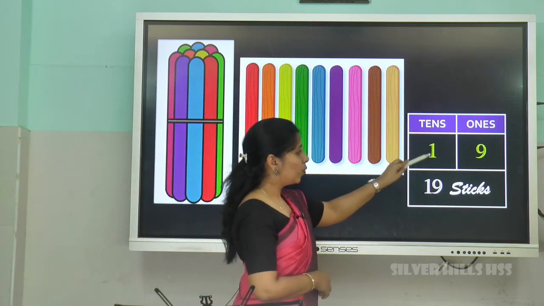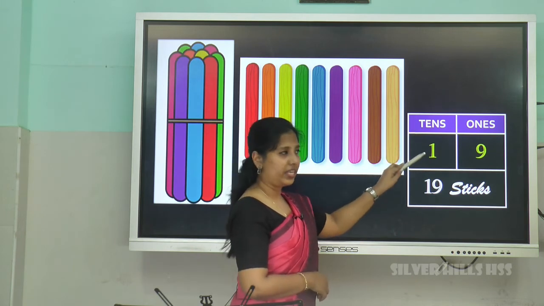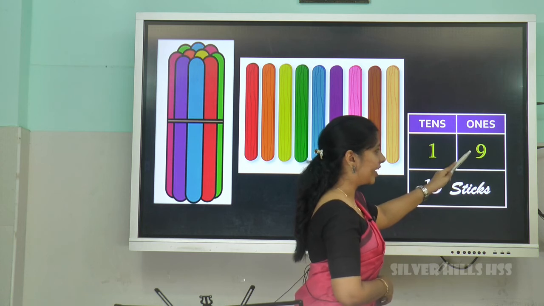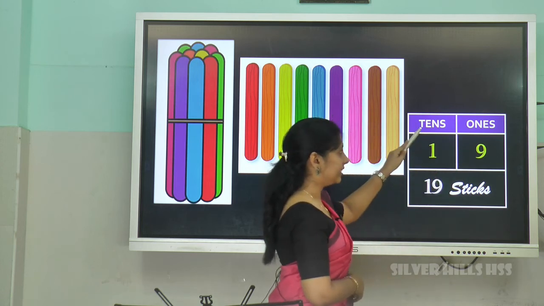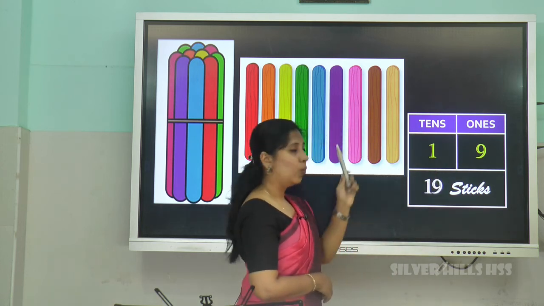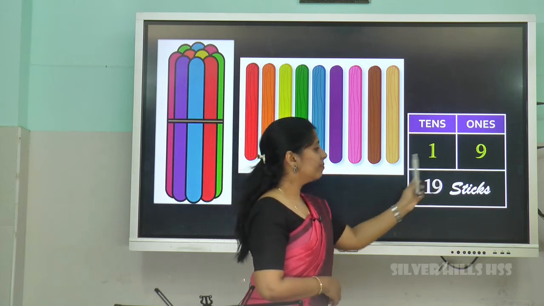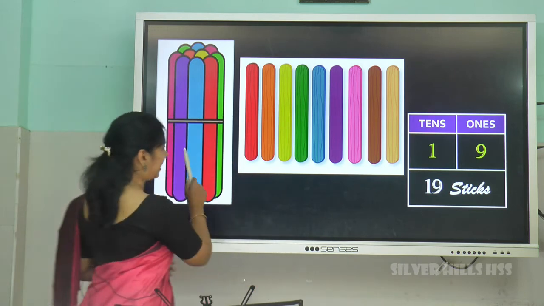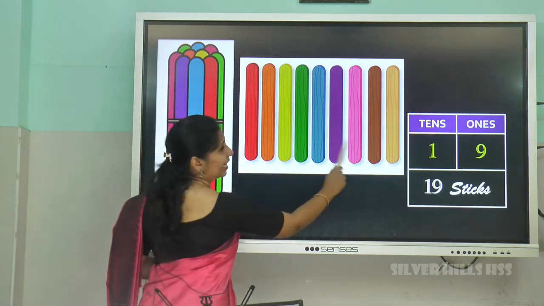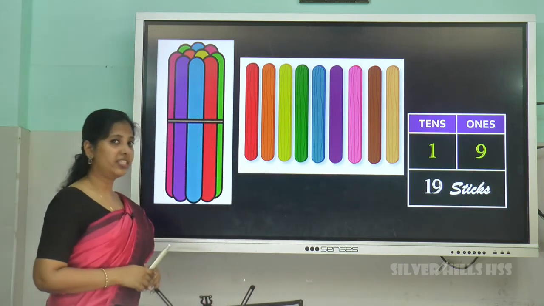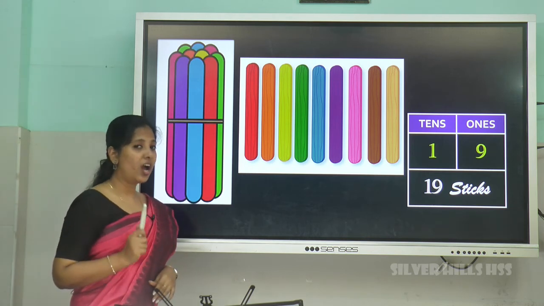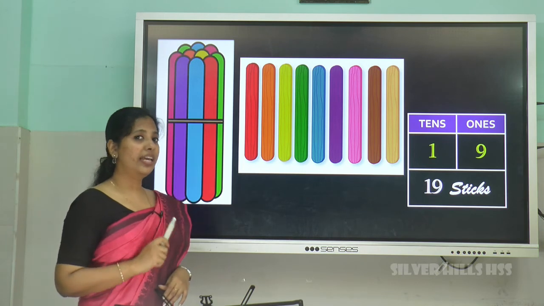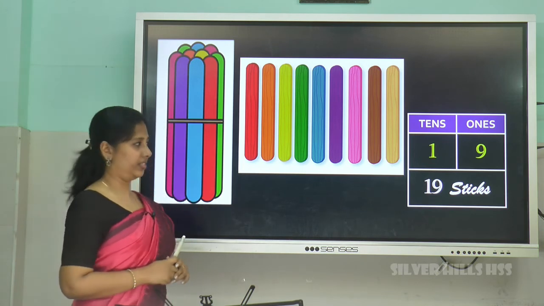Ma'am will write 1 in tens place. That is, in ones place ma'am will write 9 and in tens place ma'am will write 1. So, altogether ma'am will have 19 sticks. 10 sticks plus 9 sticks. 19 sticks. So, you understood how to represent 2-digit numbers in tens and ones.